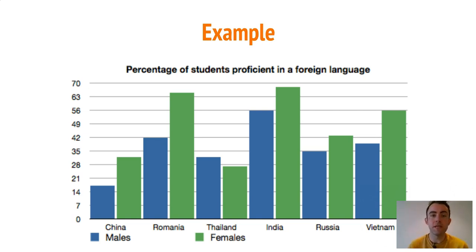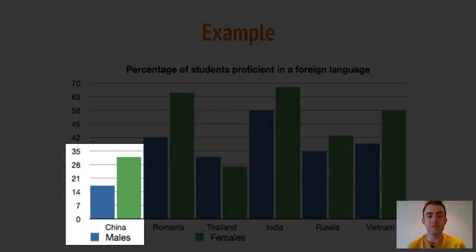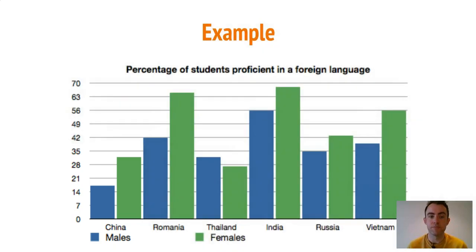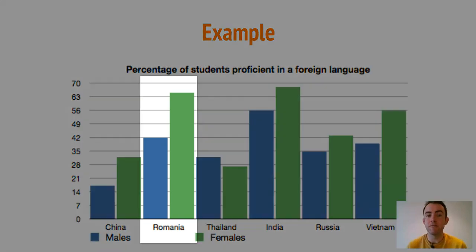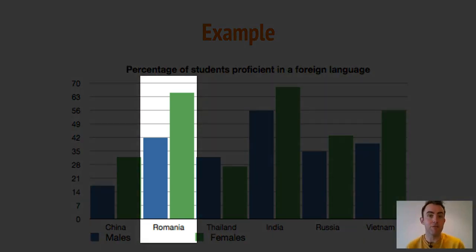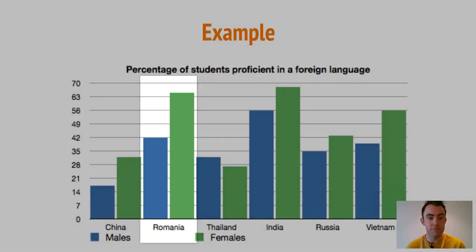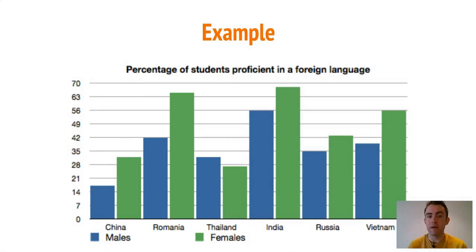From the bar chart, we can see that around 17% of Chinese males are proficient in a foreign language. Chinese females, on the other hand, are about 32%. If we look at Romania, it is possible to see that Romanian males have about a 42% proficiency level, and Romanian females are about 65%.